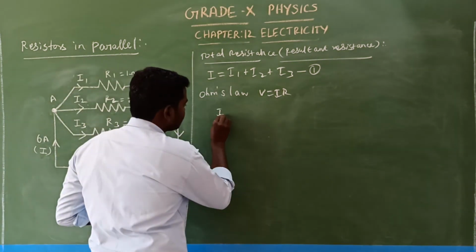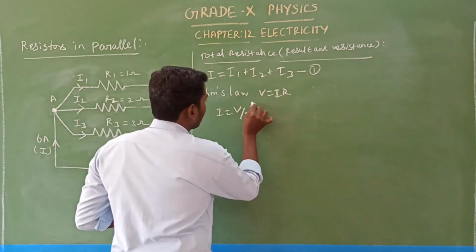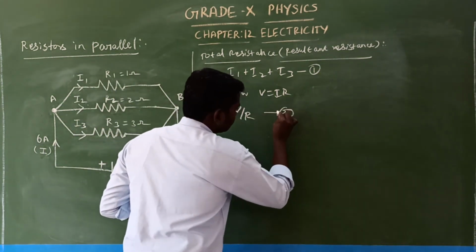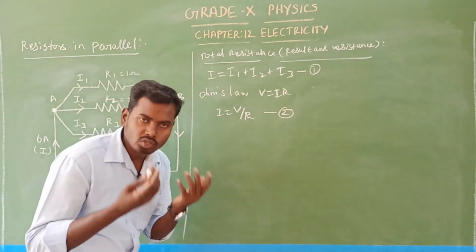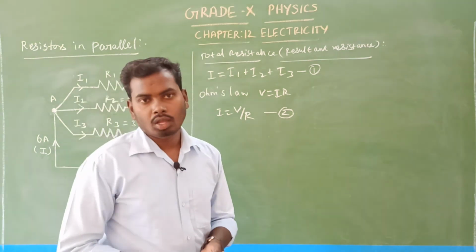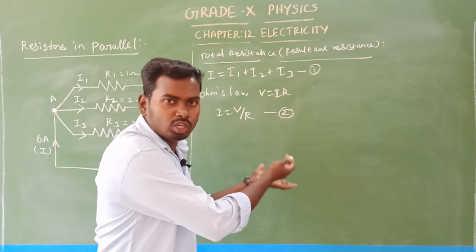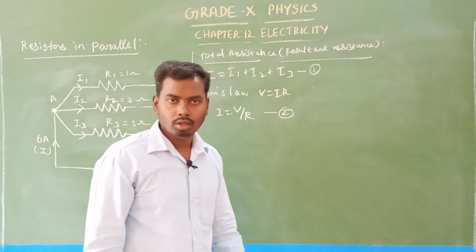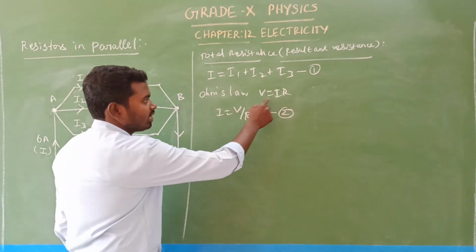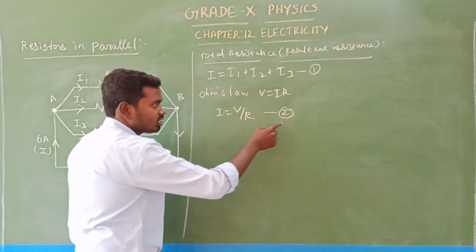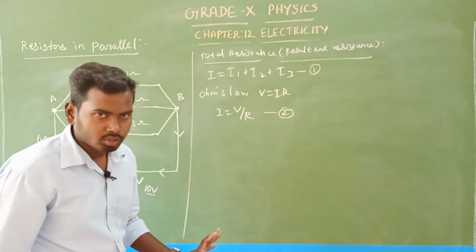So I is equal to V by R. Consider this equation 2: I equals V by R. We are going to use only Ohm's law, just interchanging the terms, so there is no new formula here. So this is equation 2. Is it clear, students? Yes.